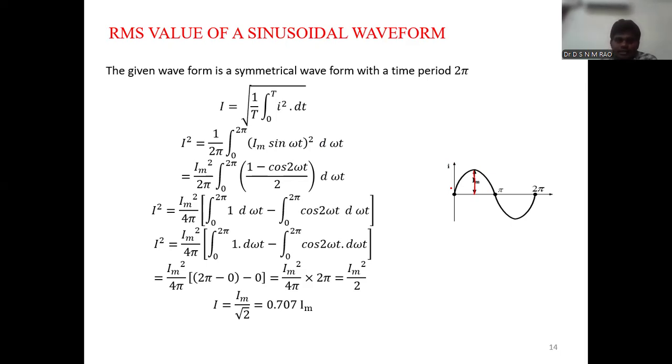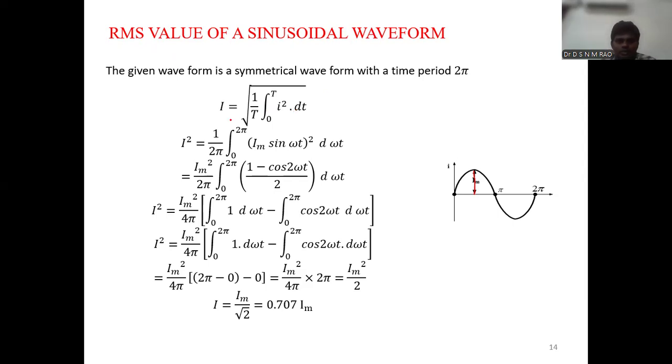If it is an unsymmetric signal, the RMS value should be calculated for the entire cycle. Since the given waveform is symmetric, we can calculate the RMS value for either half cycle or full cycle. Why? Because the RMS value is the square root of the mean of the squares of instantaneous values over a cycle.